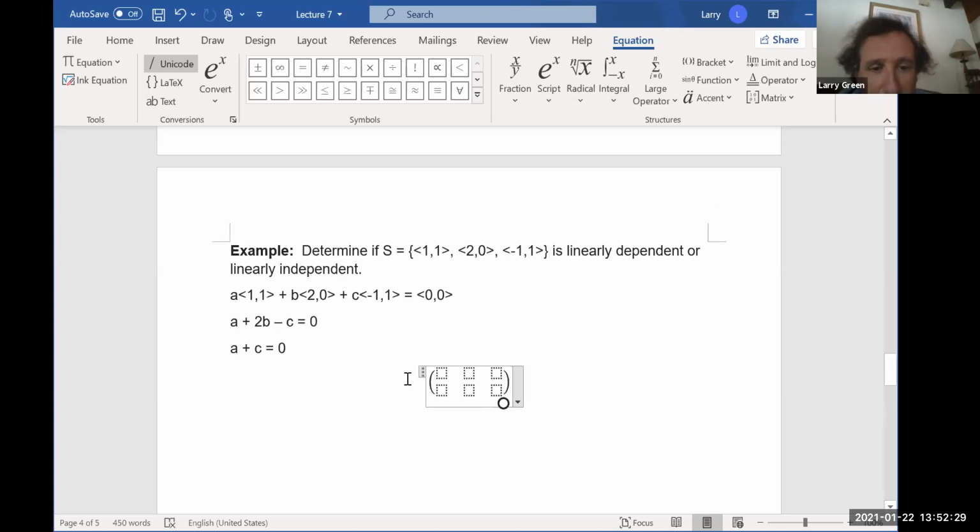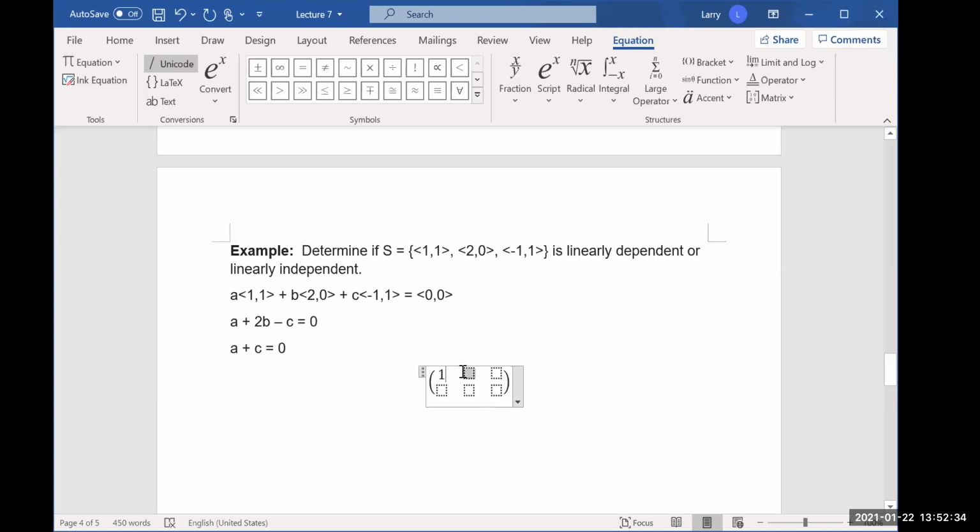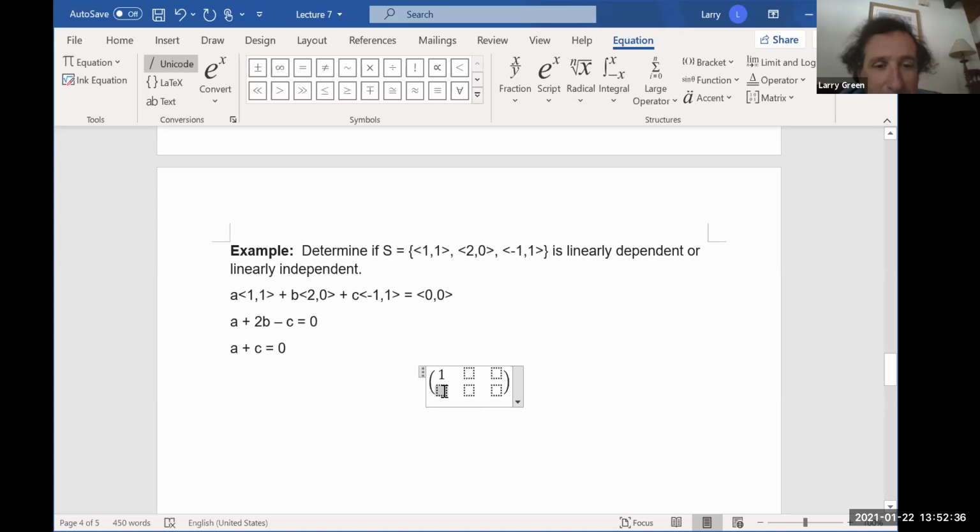All right, and what do we get? We get 1, and I'm going to read the columns for a reason: (1, 1), (2, 0), reading columns, and (-1, 1).